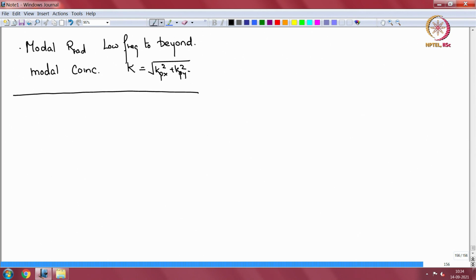So he first formulates a central main integral for modal radiation resistance.